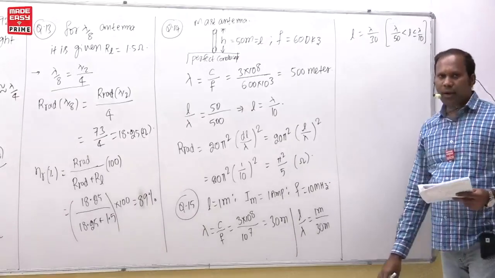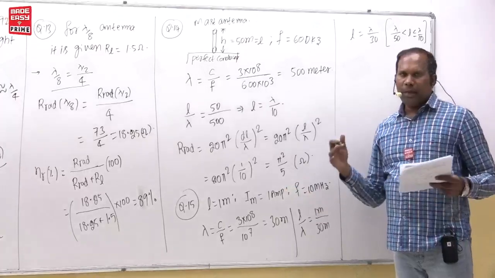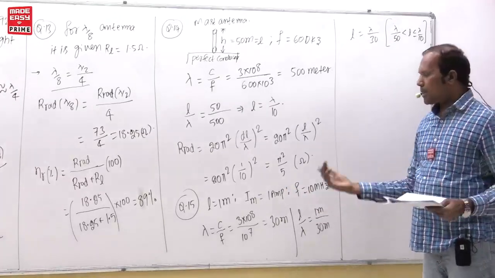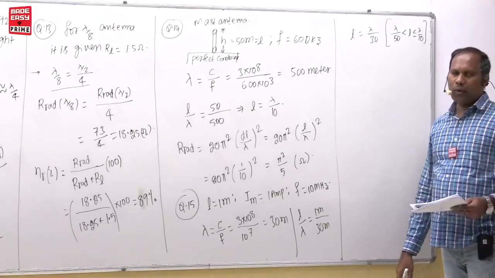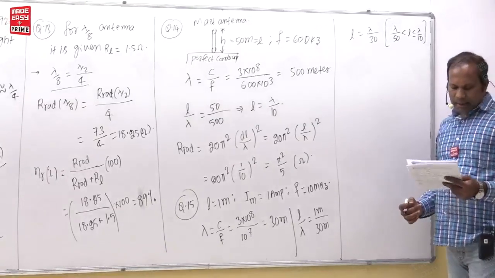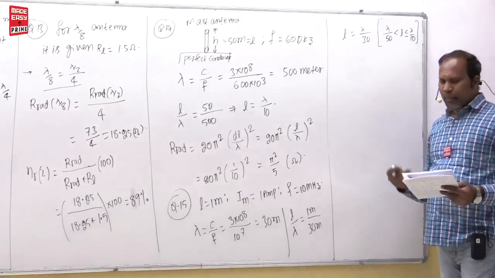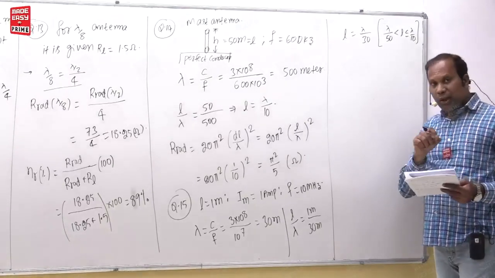But here also, uniform current is not mentioned. Whenever uniform current is not mentioned, then for this range you have to take 20 pi square only. It is assumed to be a triangular distribution. In the next question, lambda by 20 was given, but it was particularly mentioned that the current has uniform distribution.